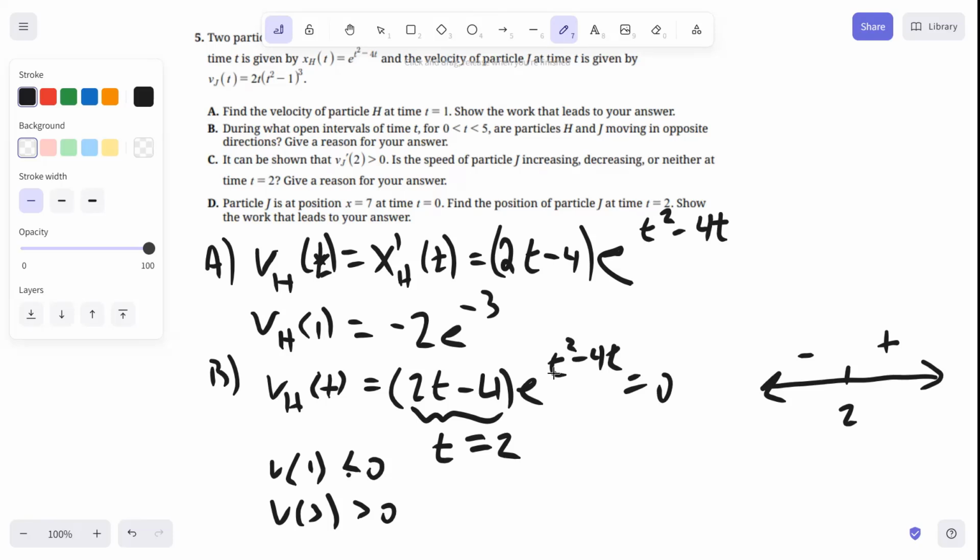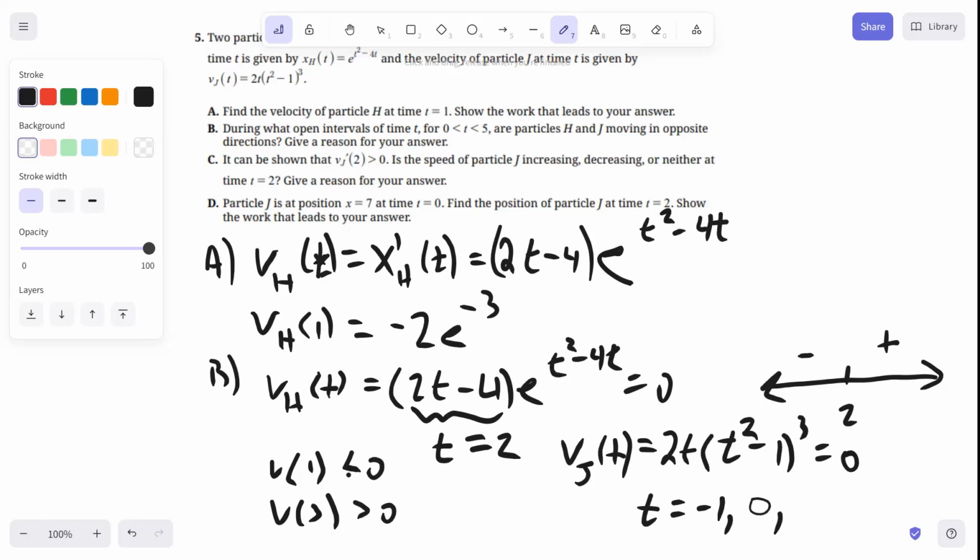We need to investigate particle J. v of j equals 0 at t equals negative 1, 0, and 1. But since t has to be between 0 and 5, we can eliminate negative 1 and also 0. So I'm going to do that in a different color. The critical number for particle J is at 1.